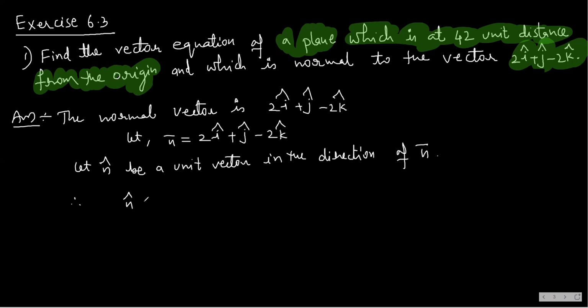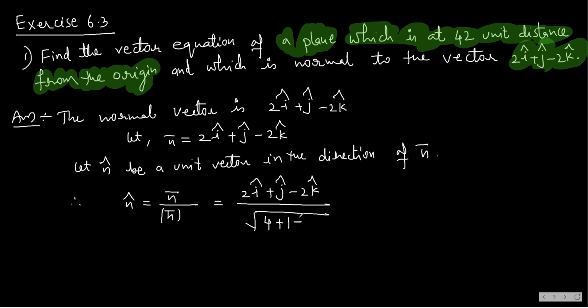n cap is equal to n bar upon mod n bar. Okay, what is mod n bar? That is 2i cap plus j cap minus 2k cap upon mod of n bar, square root of 2 square 4 plus 1 square 1 plus minus 2 square 4. So that is 2i cap plus j cap minus 2k cap divided by square root of 9, which is 3.